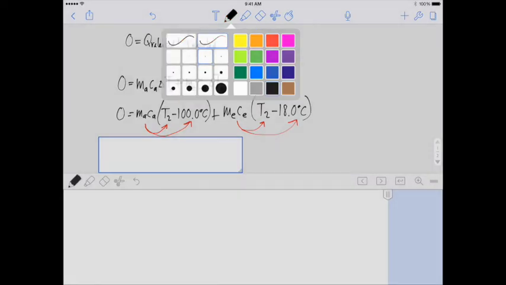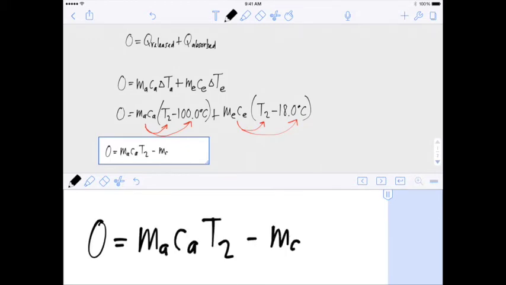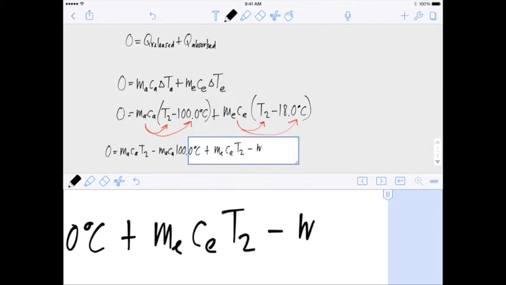If we do so, we get 0 equals MACA T2 minus MACA 100 degrees Celsius plus MECE T2 minus MECE 18 degrees Celsius.